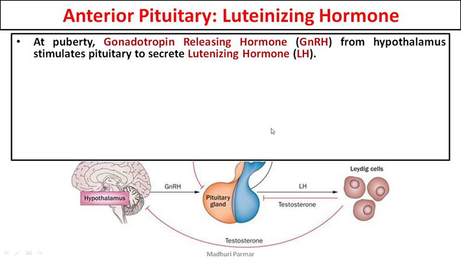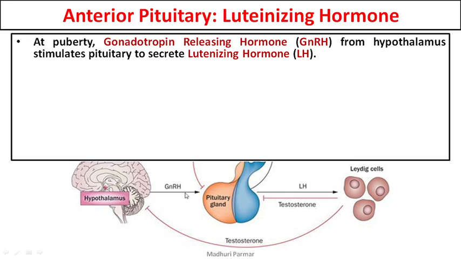Its sister hormone. So follicle stimulating hormone, it does not act alone. It has a sister hormone, which is known as luteinizing hormone. At puberty, the previous one, follicle stimulating hormone, also starts getting secreted. So at puberty, gonadotropin releasing hormone, the same hormone from hypothalamus, stimulates the pituitary to secrete luteinizing hormone.